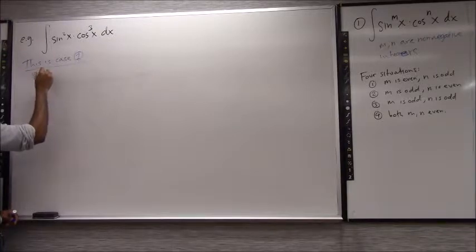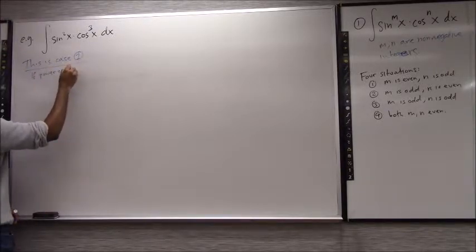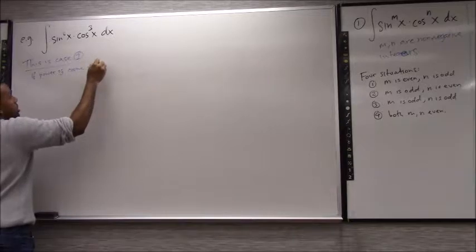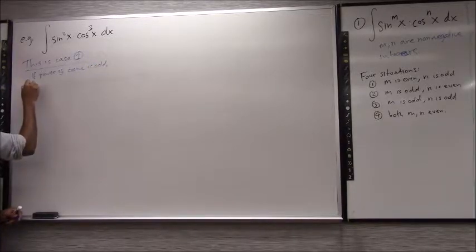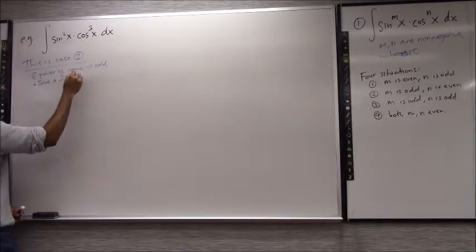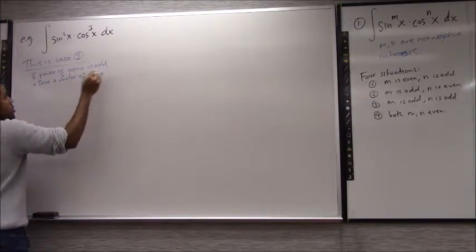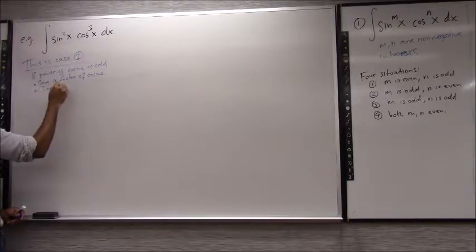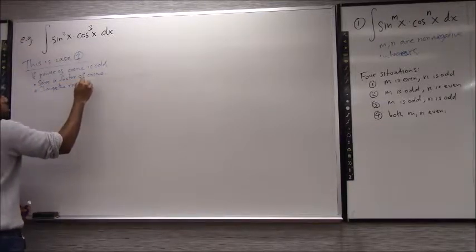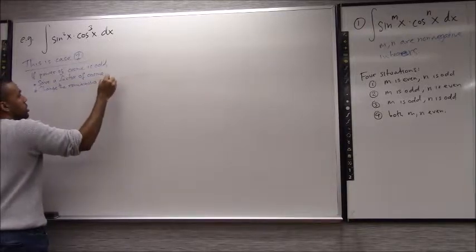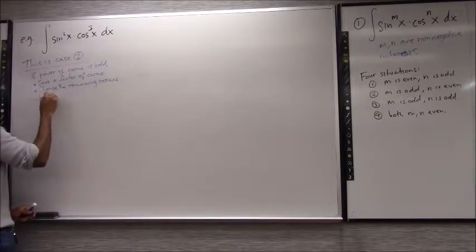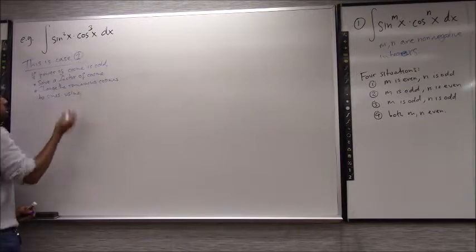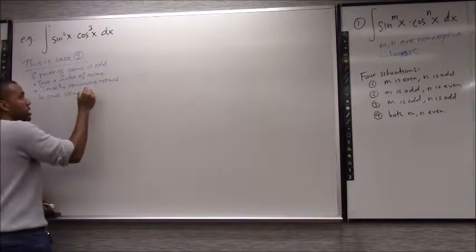If the power of cosine is odd, here's what you do. Save a factor of cosine. Then what you're going to do is change the remaining cosines to sines, using perhaps the most famous trig identity, the Pythagorean identity.